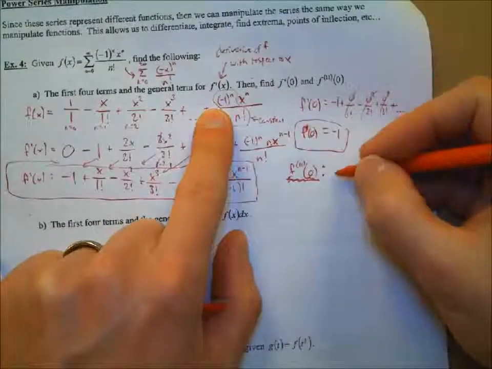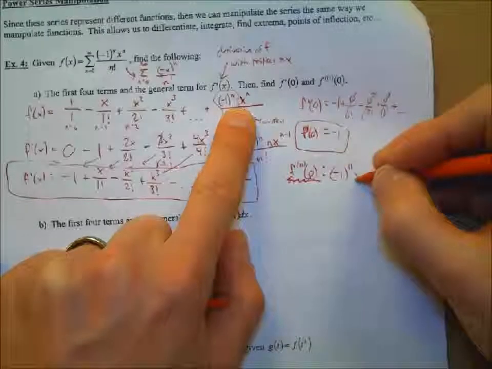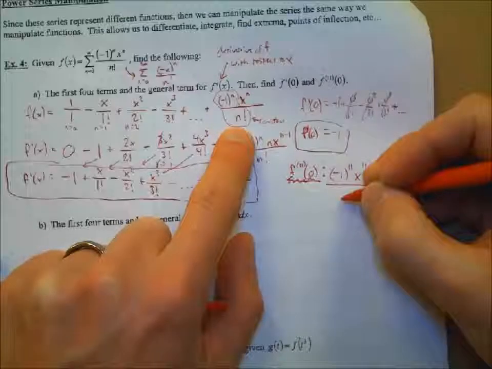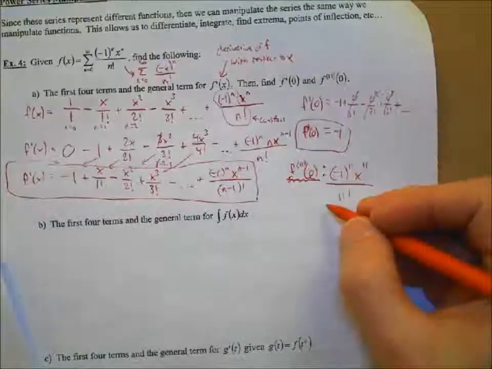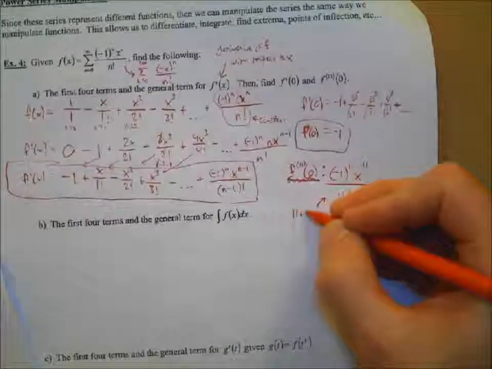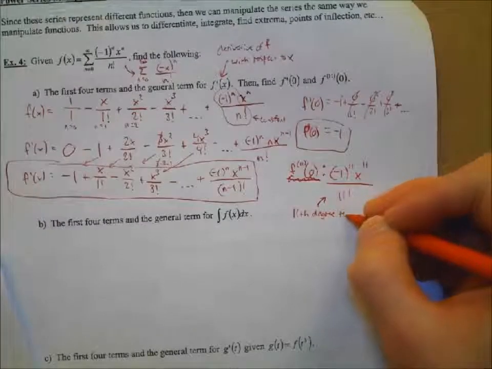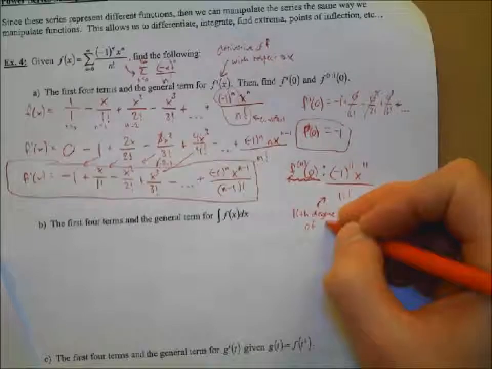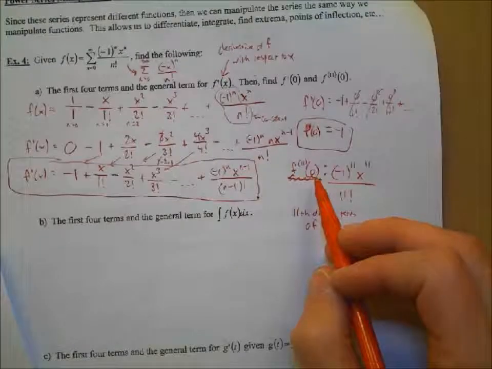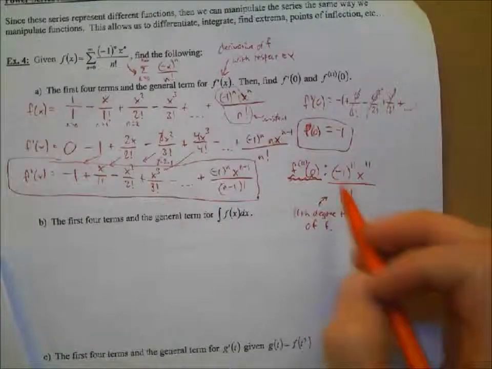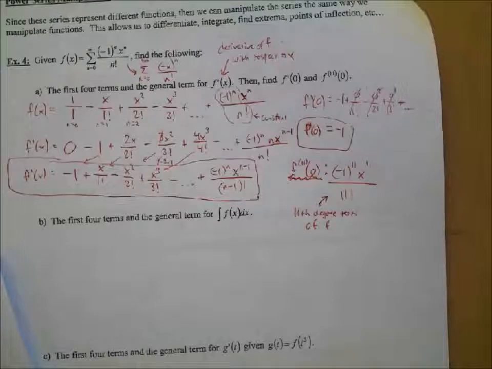So for the 11th degree term, it would be negative 1 to the 11, x to the 11, over 11 factorial. Notice I'm not saying the 11th derivative of f at 0 is this thing. I'm saying this is the 11th degree term of f, the original function.